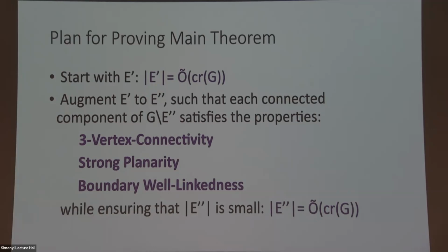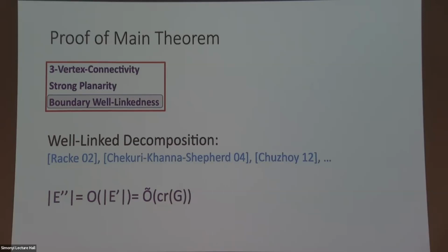Okay, so now let's look at these three properties individually because we want to achieve all of them. The first one, maybe the easiest one that we can achieve, is boundary well-linkedness. Well-linkedness is used a lot in graph algorithms, and intuitively it is saying the graph looks like an expander.